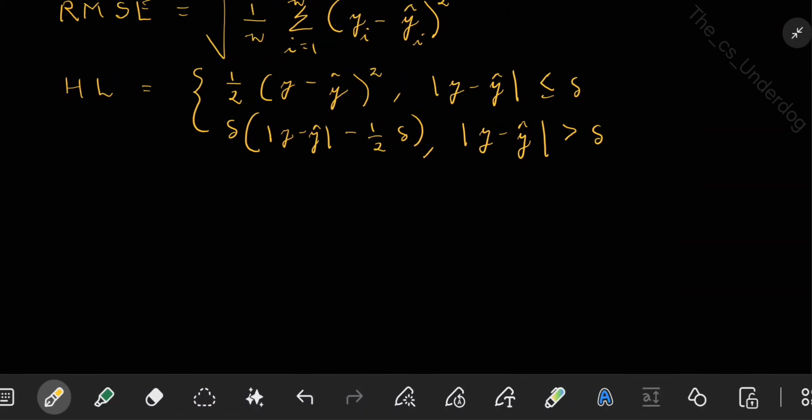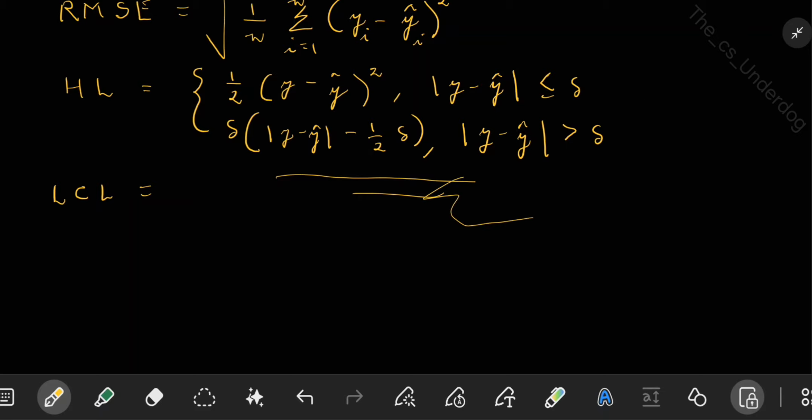Next thing is, after Huber loss, what did we learn? We learned about log cosh loss. In case of Huber loss, you were manually setting one particular threshold, and whenever it is lesser than the threshold you go for this, and whenever it is larger than the threshold you go for that.